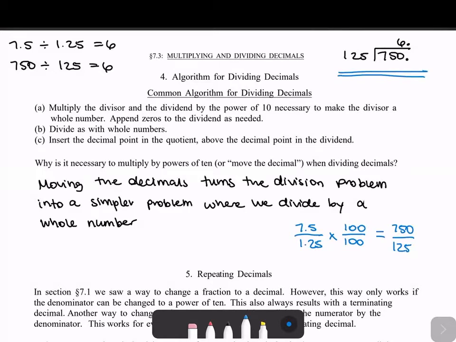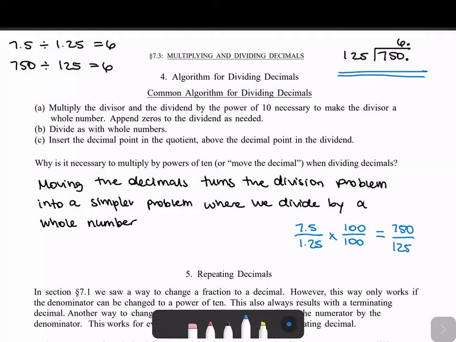And if you recall, whenever we talked about dividing fractions, we did something really similar to this, where the division algorithm for fractions didn't solve the same problem. When dividing fractions, you do the flip and switch, or however you'd like to think about it. But we also changed the problem here to an easier problem, where we don't divide 7.5 by 1.25.